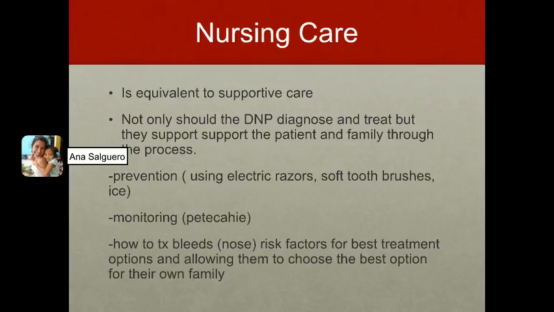Nursing care, when referring to ITP, is usually supportive care, usually a lot of teaching and learning of the verbiage, learning of the platelet count numbers, knowing what to look for, preventing any type of bleeding, using electric razors, soft toothbrushes, any type of ice for comfort care, and of course monitoring the petechiae.